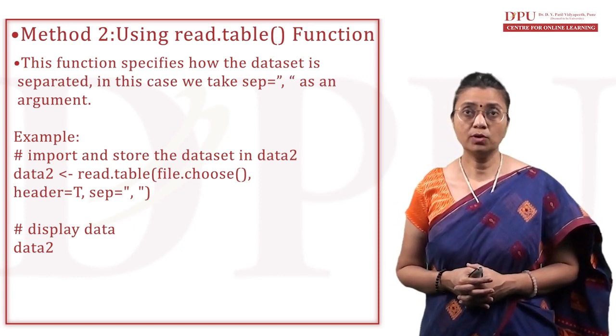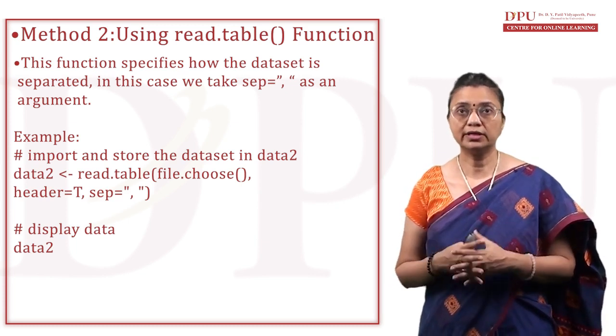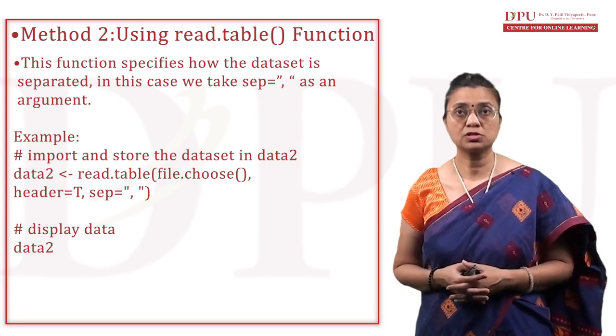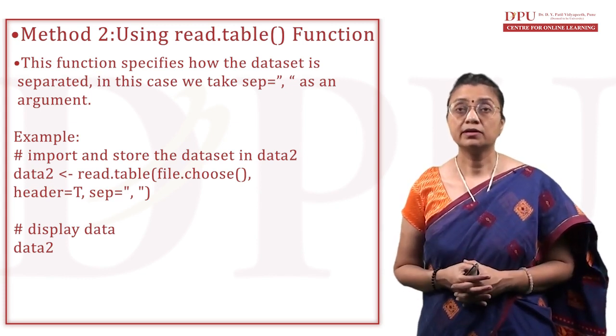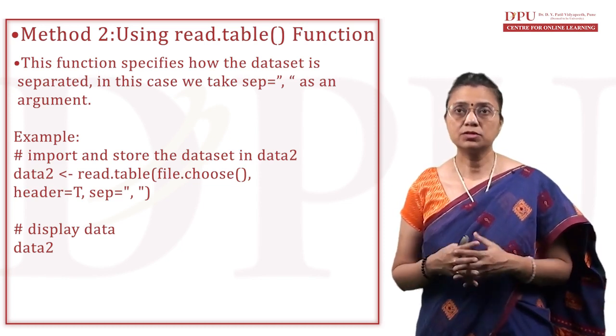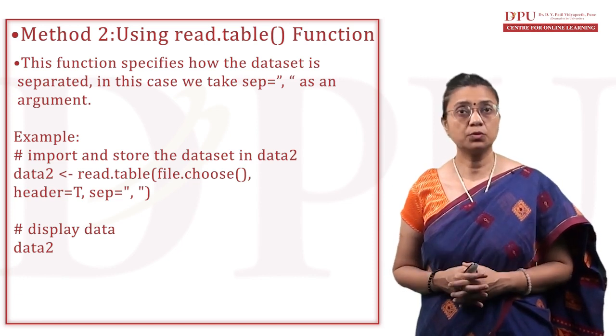Now you can see import and store the data in data2. Data2 is equal to read.table, and table is my function. Within brackets, I pass file.choose, which is again a function used to choose a file from the desktop, comma, header equals to true because I want the heading of all the columns, and separator is equal to comma.